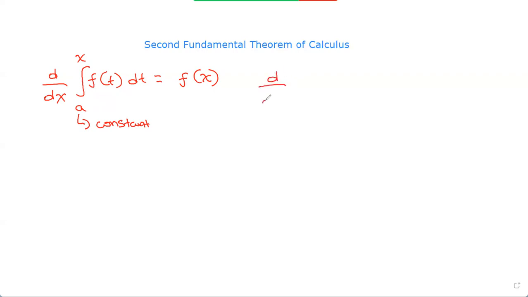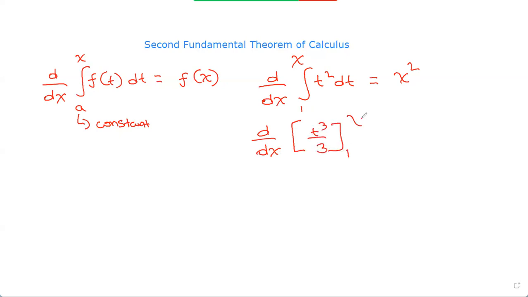So d by dx of the integral from 1 to x of t squared dt would be equal to x squared. So we just plug in x for t. I can expand this and show you how we come up to x squared. We would get d by dx of t cubed by 3, from 1 to x.